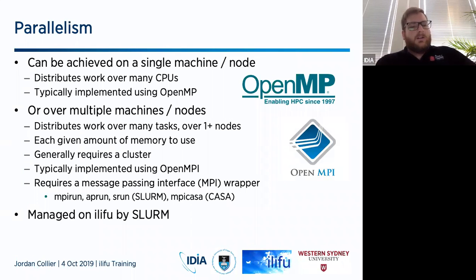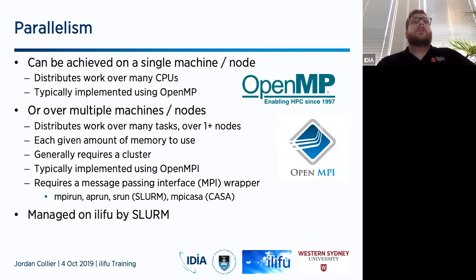This could be parallel processing on a single machine or a single node, distributed over many CPUs. This is typically implemented with OpenMP, an open source software for managing multi-CPU processing. As I'll demonstrate in a moment, we can do that using SLURM on ilifu on a single node.